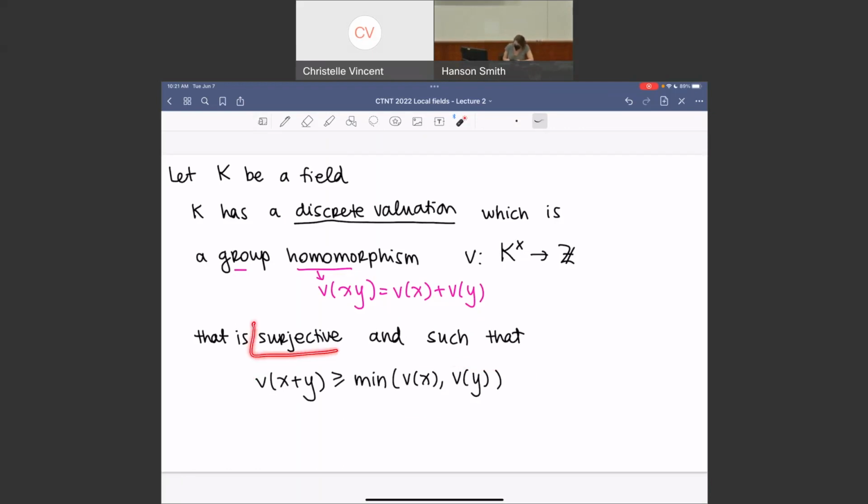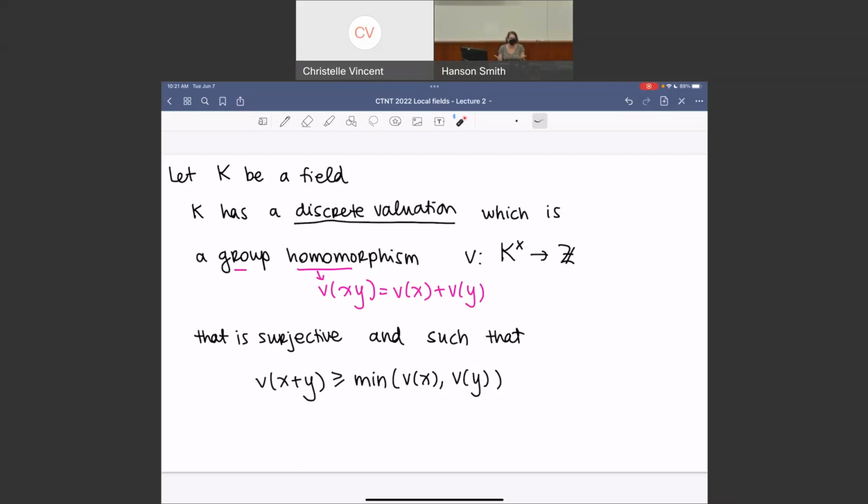So we'll want the valuation to be surjective. So we want numbers in K that have every value, the positives and negatives. I mean, if it's not surjective, the image is going to be isomorphic to Z, so you could just rescale, right? So say there was something of valuation 2, but nothing of valuation 1. You could just rescale all the valuations, and then you would have it go onto Z. So the surjectivity is not that big a deal.